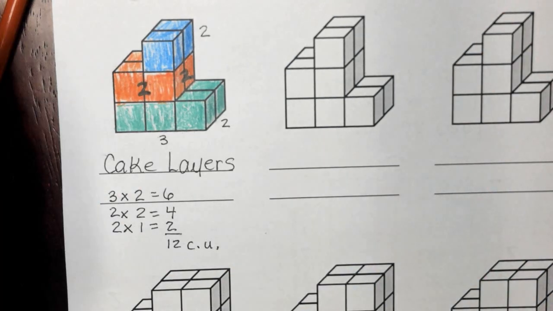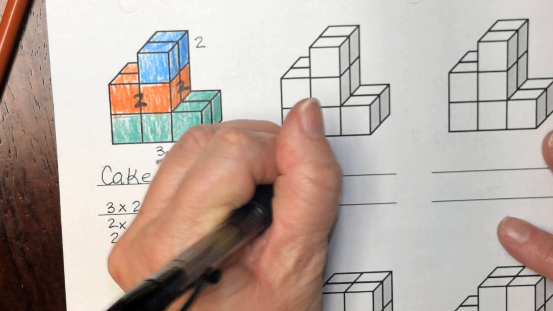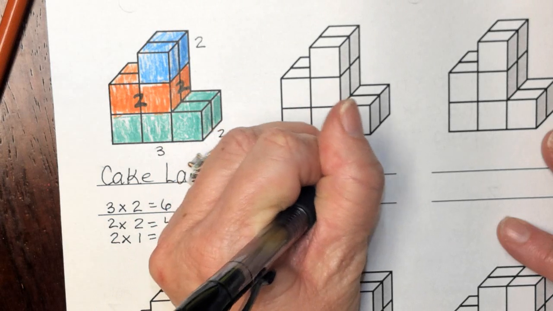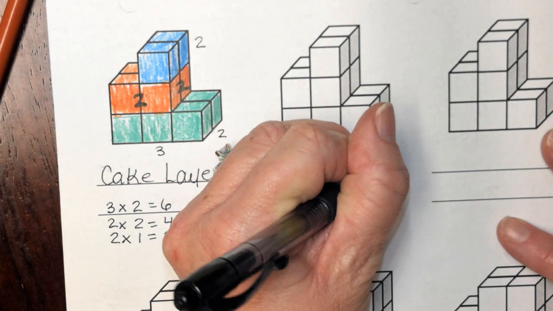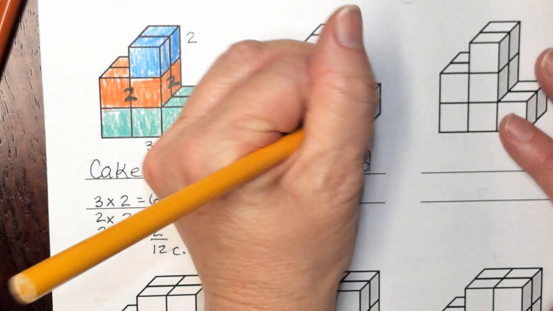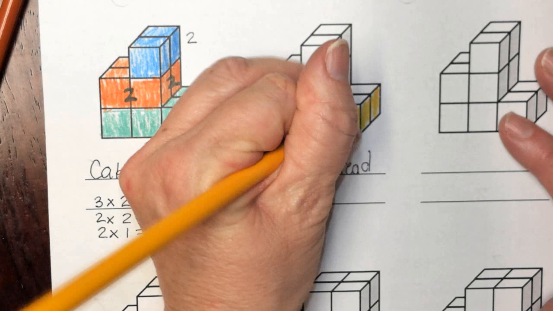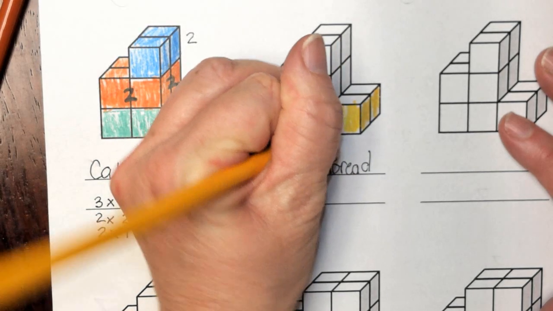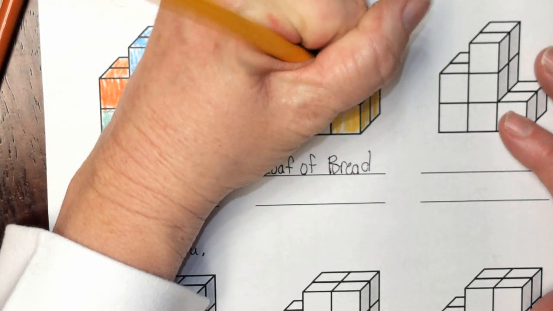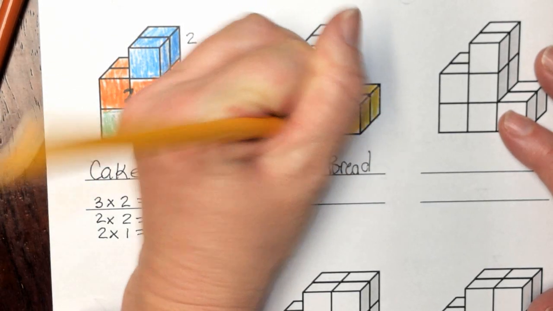I'm going to do loaf of bread here. So I'm going to start with my end piece. I probably should have called that books on a shelf, but I like loaf of bread.